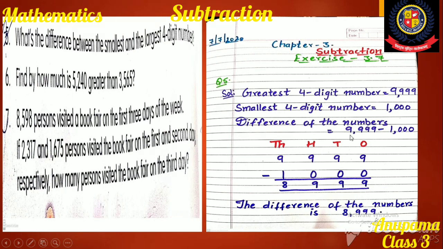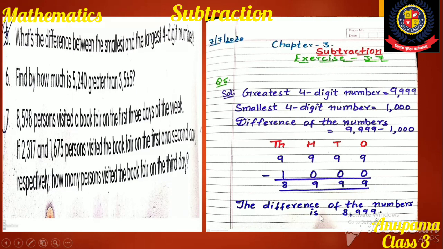Okay, so we will arrange these numbers in columns of thousands, hundreds, tens and ones. So 9999 firstly we will write, then after that we will write 1000 and subtract. 9 minus 0 is 9, 9 minus 0 is 9, 9 minus 0 is 9, and in the thousands column 9 minus 1 is 8.